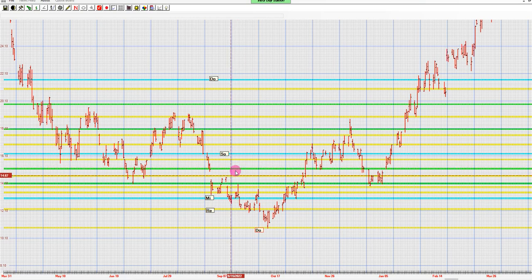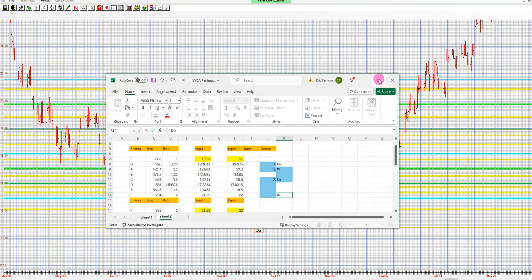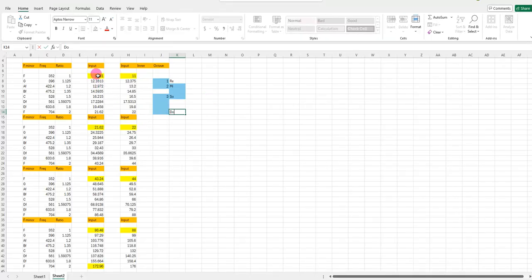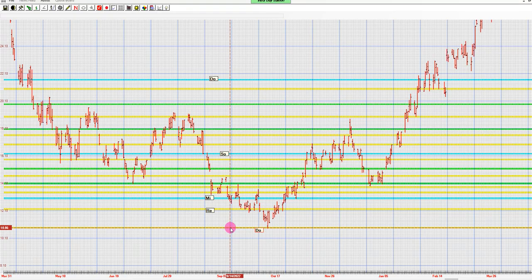What I'm going to do here is take the natural octave based off the 1081 price, that do to do, is 1081 to 2162. So that is the major octave that I'm showing here from do up to the higher do at 2162 area.